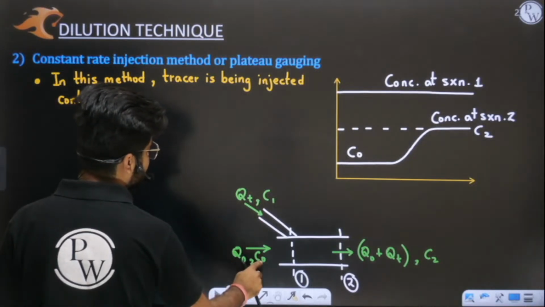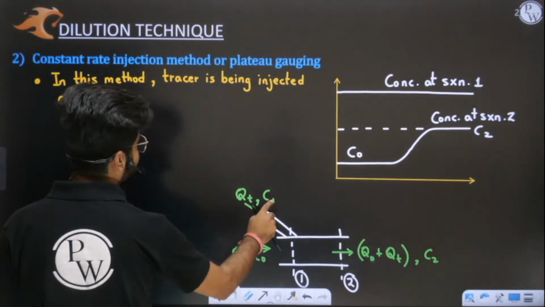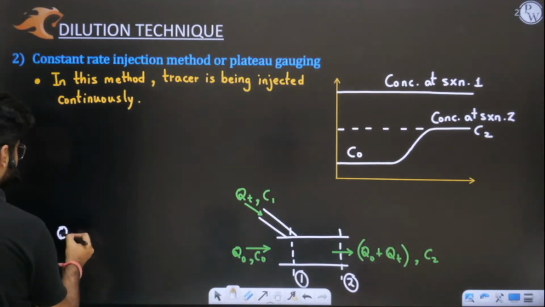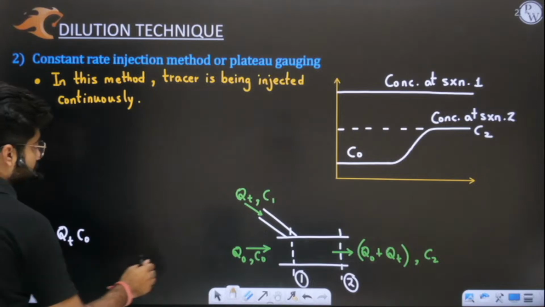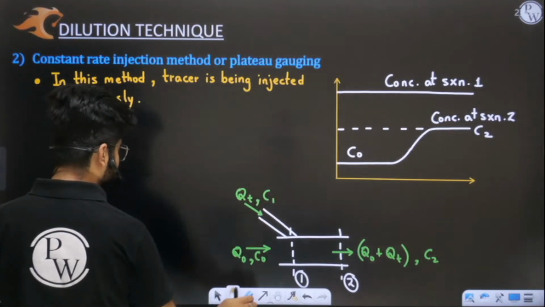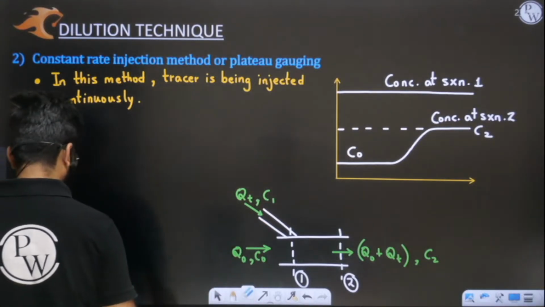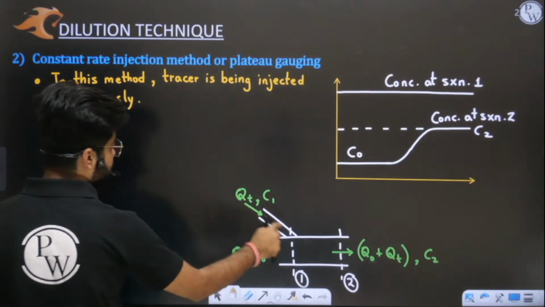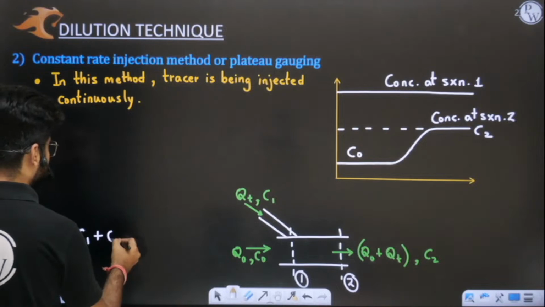If I want to find the discharge, you can apply the continuity equation. Multiply this by this, you will get the volume of tracer. So by the continuity equation, you can write Qt into C1 plus Q0 into C0.